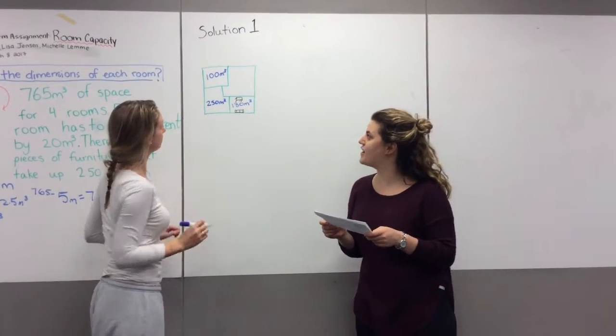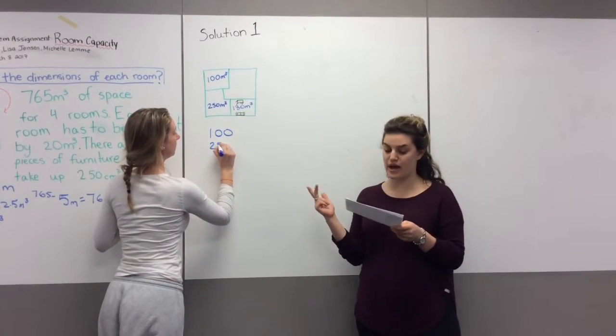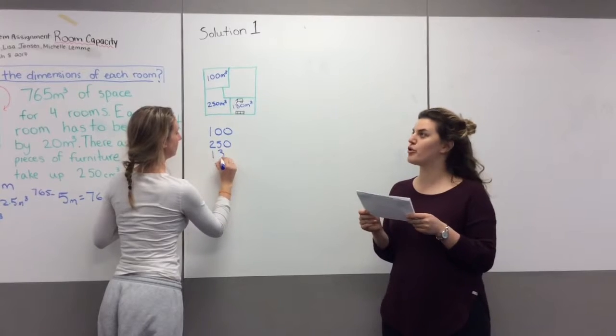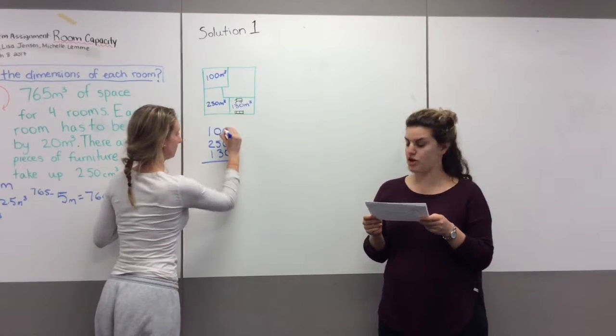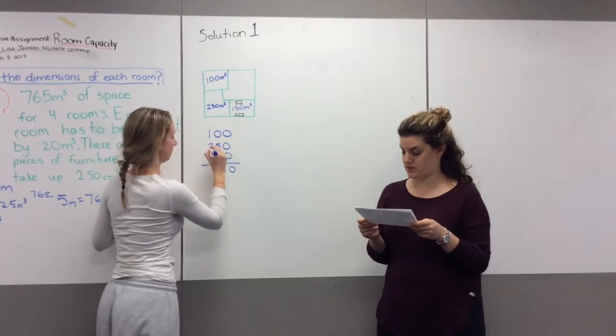And with that, we added all of the rooms together. So we added the volume for room 1, room 2, and room 3 to get the total amount of volume between the 3 rooms, which came out to 480 meters cubed.